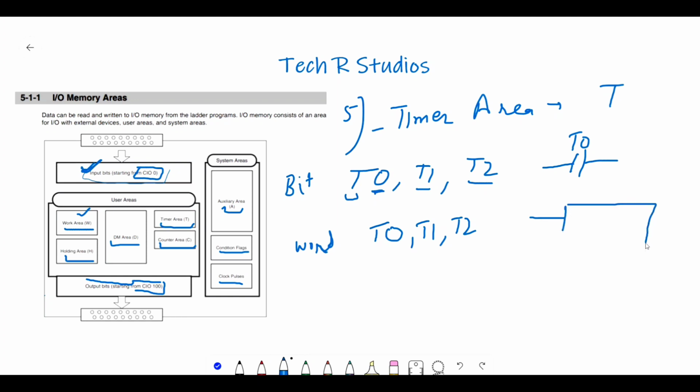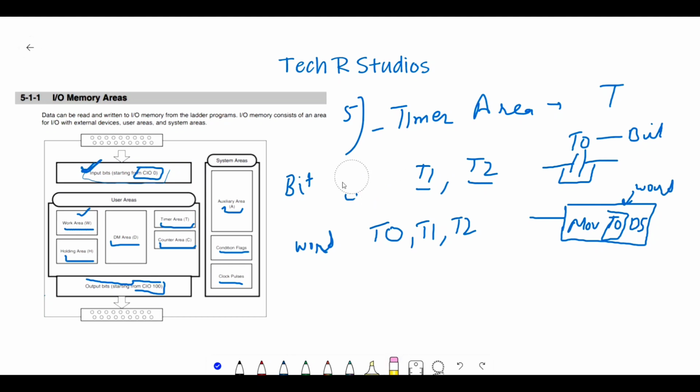We mention it in the instruction, like move T0 to D5. So here it is word. If we use it in a word format, then it will become a word representation. If we write it in NO or NC, then it will become bit representation. So we write it similarly, but its meaning depends on the instruction we are using it in.